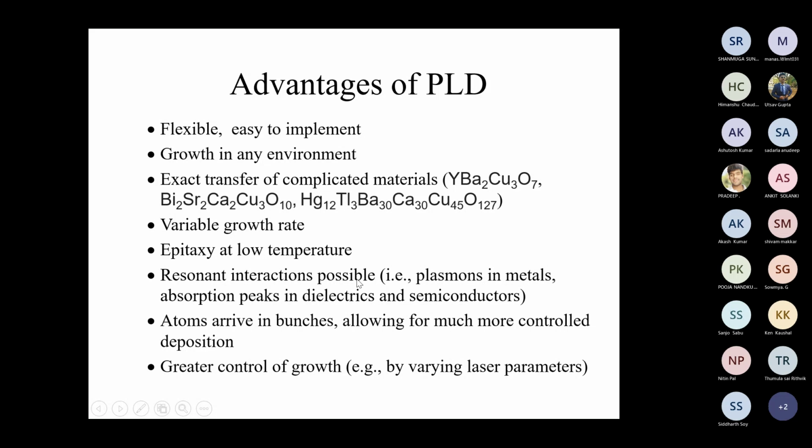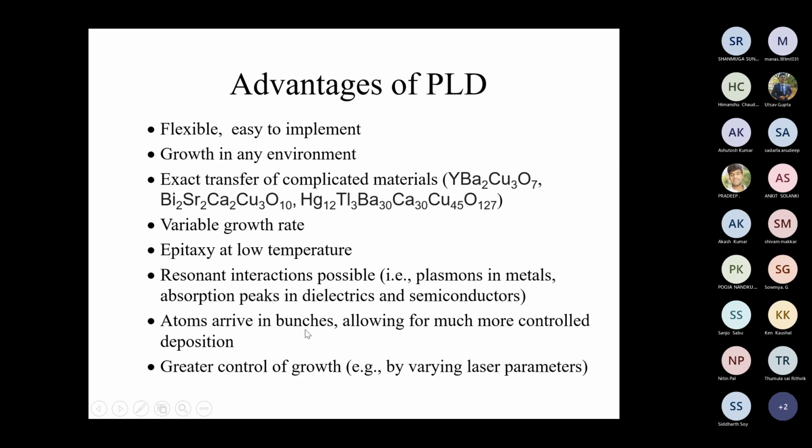Resonant interaction means it's a plasmon in the case of metal. Basically electromagnetic radiation, so this photon will interact on the surface of the target material, and that plays the role.